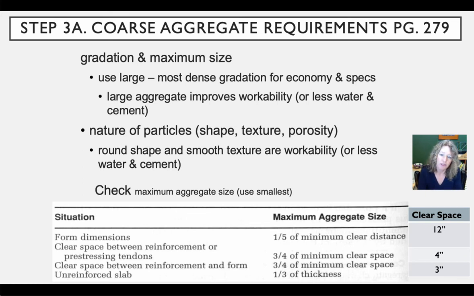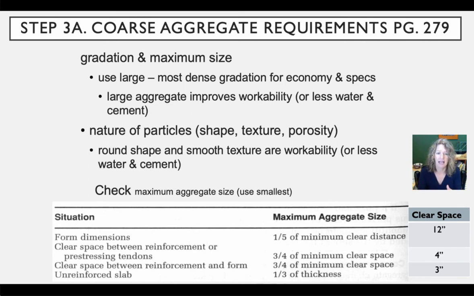Clear space between reinforcing, in our case, we saw that that was 4 inches. So the maximum aggregate size has to be smaller than 3/4 of that, or 3 inches. And then the clear space between the reinforcement and the form: we're going to have 3 inches of cover over our concrete, say from the ground to our rebar, so 3/4 of that is 2.25 inches.